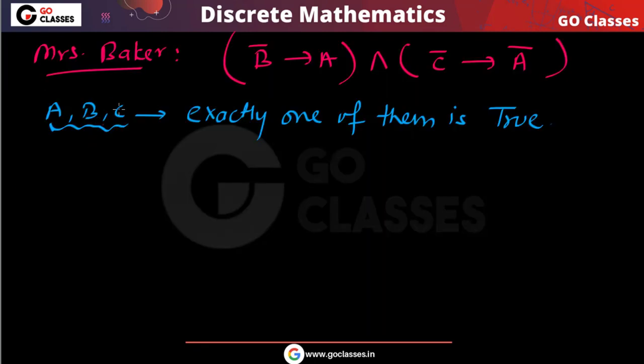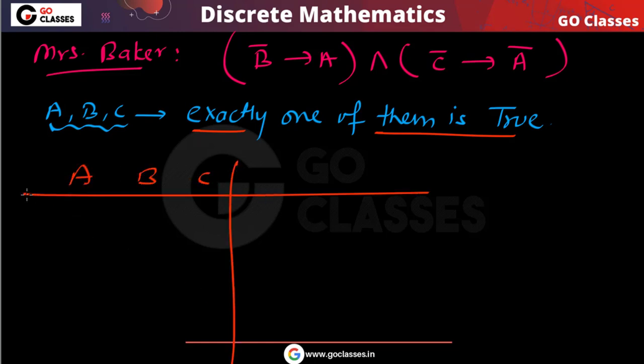So I can say that exactly one of A, B, C is true. This we know because of course only one can be the youngest child. This is already given in the question. So these are the possibilities. Either this is the possibility, which means Alice is the youngest child.